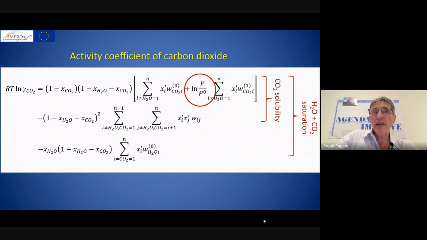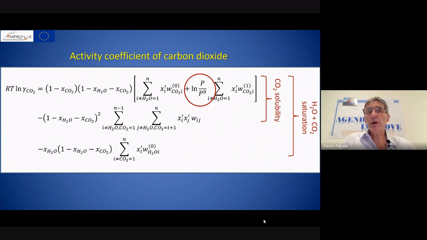These aspects illustrate the complexities arising from real multi-component thermodynamics. The different components that distribute among the phases, in this case water and carbon dioxide, interact and affect each other in complex ways.